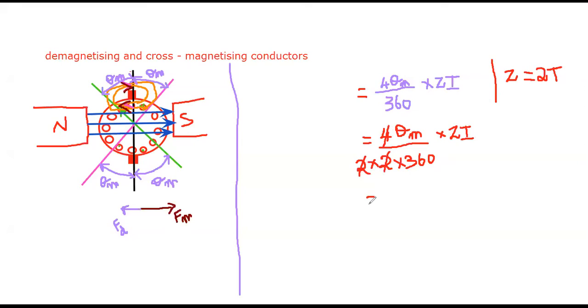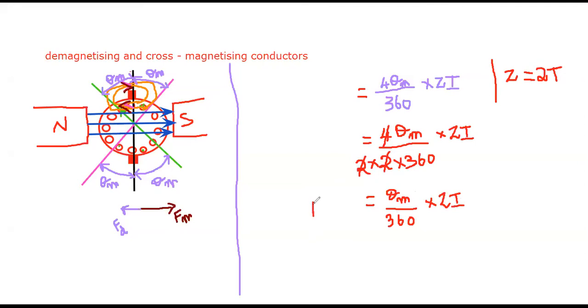So the total formula will resemble theta m divided by 360 into Z into I, right? That is the formula we have derived for the demagnetization ampere turns here.